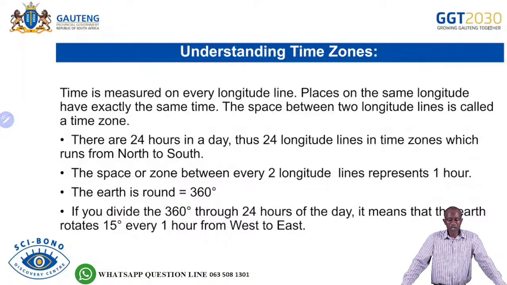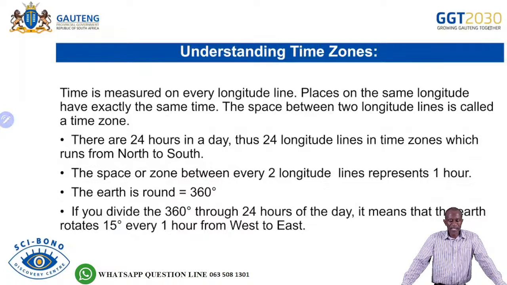The space between two longitude lines is called a time zone. So in defining a time zone, you'd simply say a time zone refers to the space between two longitude lines, and that's it. There are 24 hours in a day. Thus, it explains to us that there are 24 longitude lines in time zones which run from north to south.